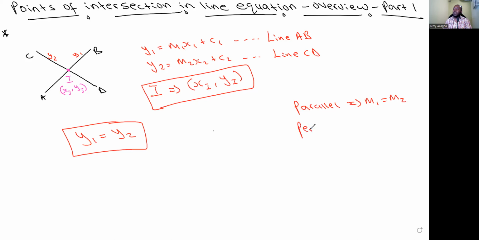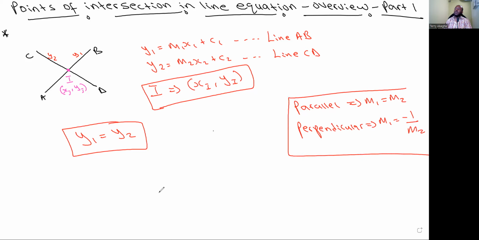And if it's perpendicular, I told you that m1 is equal to minus 1 over what? m2. So we talked about this in the previous video. But at point of intersection, y1 is equal to what? y2. All right?